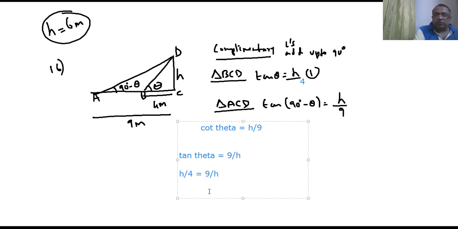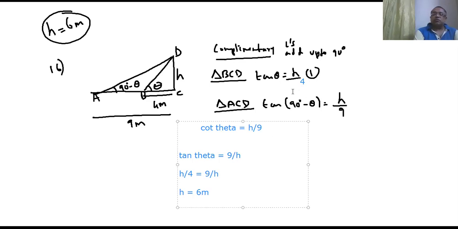So when you cross multiply this, what happens? H square is 36. So h will be root of 36. And what will be root of 36? That will be 6. So that's how we can say that the height of this tower is going to be 6 meters, right? So hope this is clear.